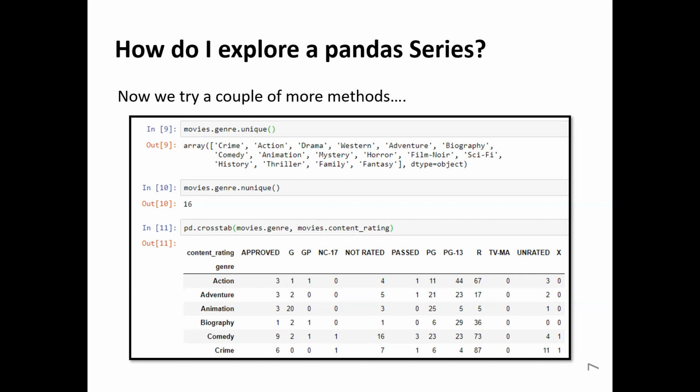If you sum them all, it's going to be the number of action movies that you have. But how many of those action movies are approved, are in G, GP, and so on and so forth? So you have two columns, make one of them the row, and you have to see how many of the elements you have in each of those categories. Right?